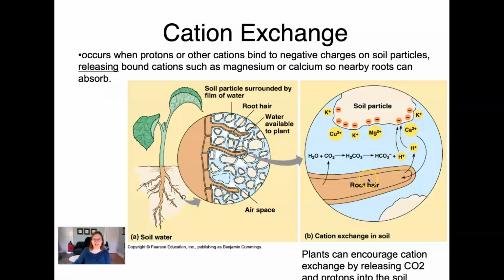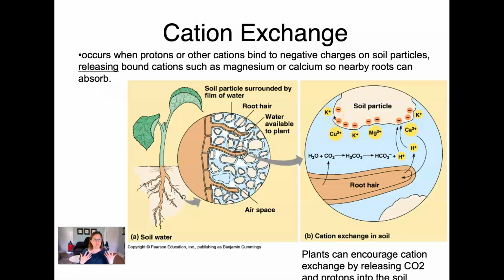Their protons that were in the plant now are going to bind to the soil particles, which allows the cations to be released and moved into the root hairs via the active transport process that I talked about in the previous slide. So cation exchange refers to the sort of trading.